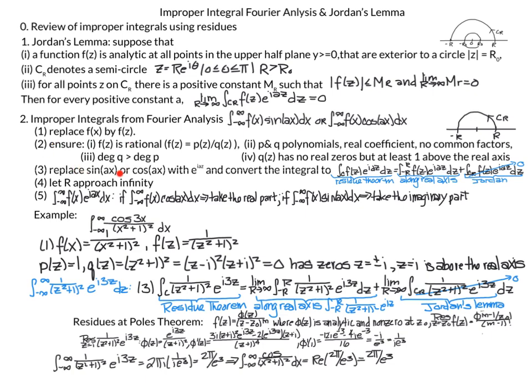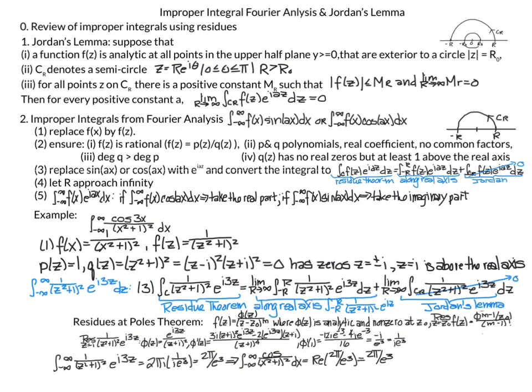Doing the next step, we're going to replace our sine of ax or cosine of ax with e to the iaz. So we're replacing this cosine of 3x with e to the i 3z. So our integral now is negative infinity to infinity of 1 over (x squared plus 1) squared times e to the i 3z. And then we're going to convert to a closed contour integral. The integral over the entire closed curve of 1 over (z squared plus 1) squared times e to the i 3z, we can use Cauchy's residue theorem on this.